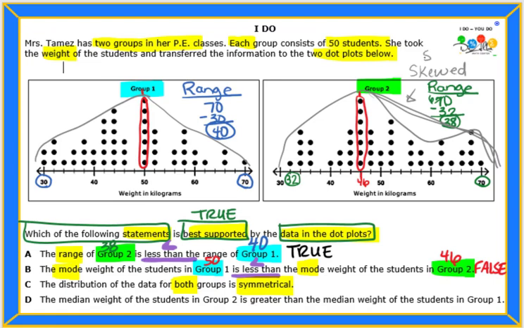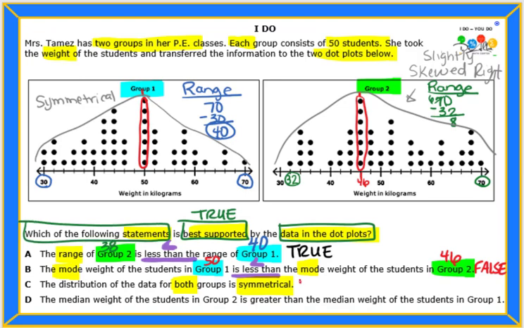I should probably put slightly skewed to the right. It's just a little bit longer there. So we said we wanted to call group 1 symmetrical, but group 2 is not. It's slightly skewed to the right. So they are not both symmetrical, and this is false.